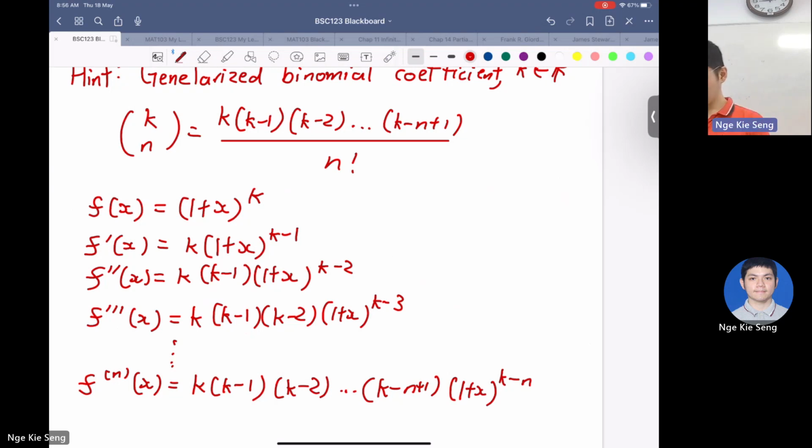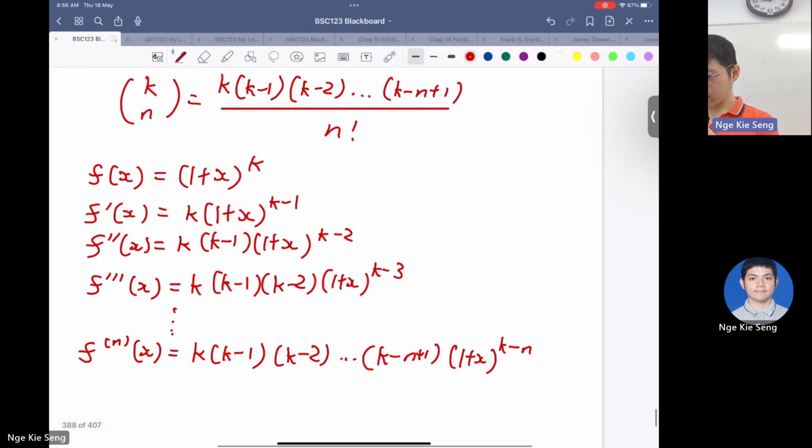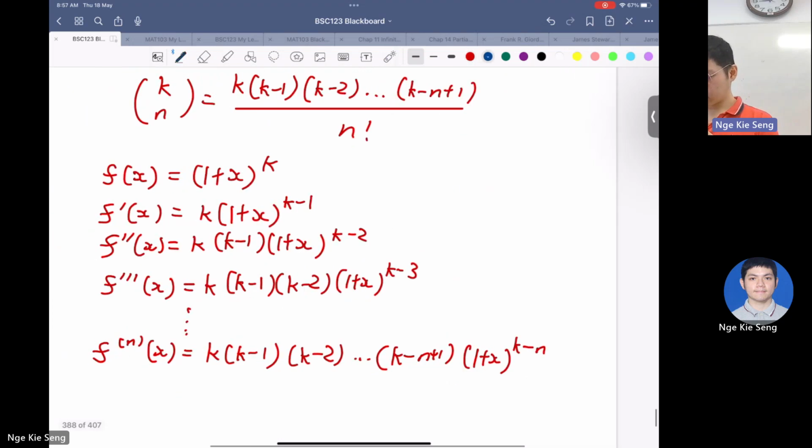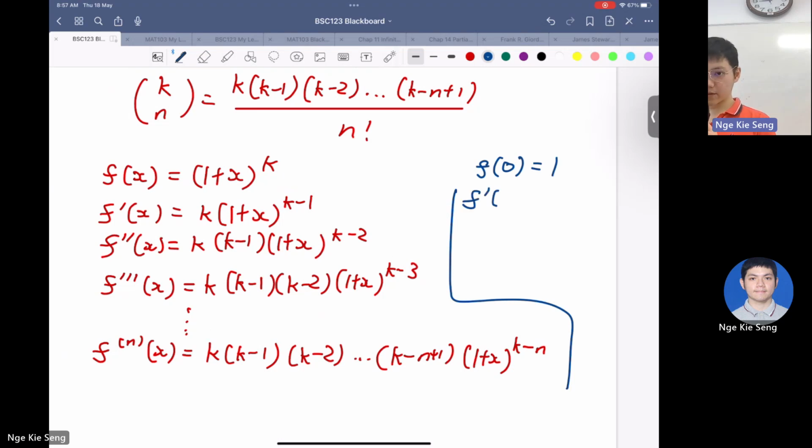Okay, so what do you do if you substitute x equals 0? You can see that you just get f(0) is 1, f prime 0 is just k, and what you get is just the coefficient in front of the power of 1 plus x.